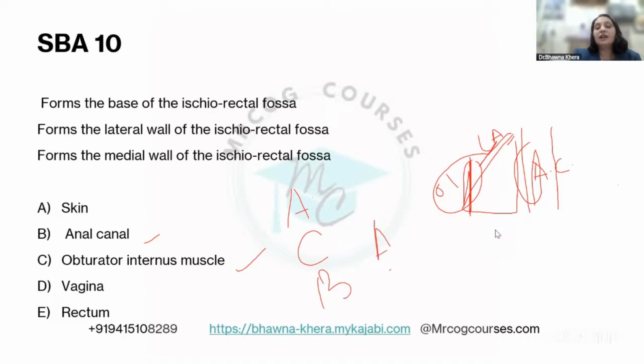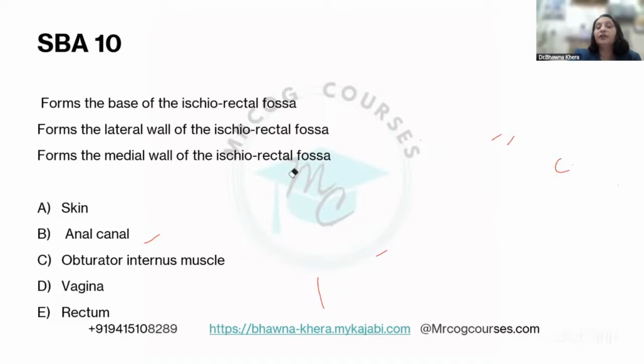So it is A, C, B, and let's just check. That's it. So this way you can remember your ischiorectal fossa relations. And this question comes in almost 80% of your exam papers. So we are correct.